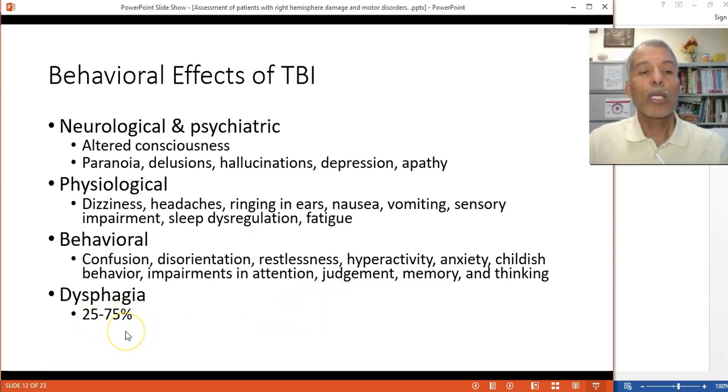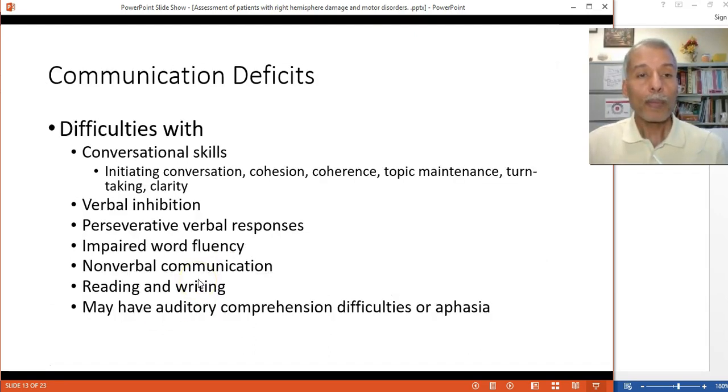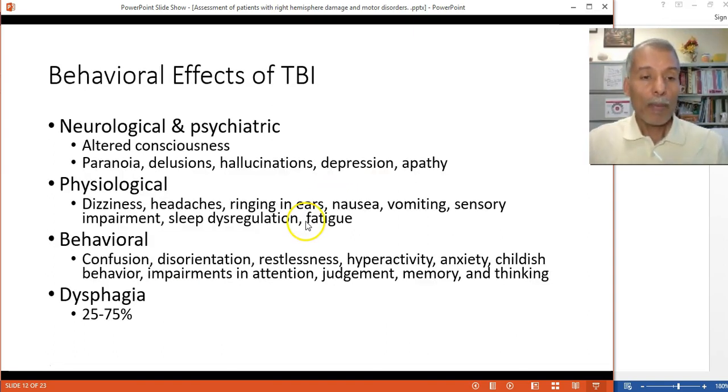Dysphagia occurs in 25 to 75% of cases of TBI, and there's again the wide variety. It is just because of the diversity of the disorder itself. You do not know where it is going to hit, how it will hit, and how severe the damage is going to be. But typically, when you say dysphagia is affected, you must focus on the functions of the brain stem, because the brain stem is what regulates swallowing muscles.